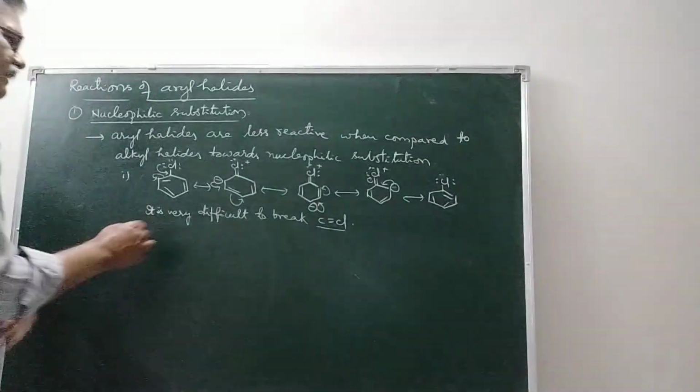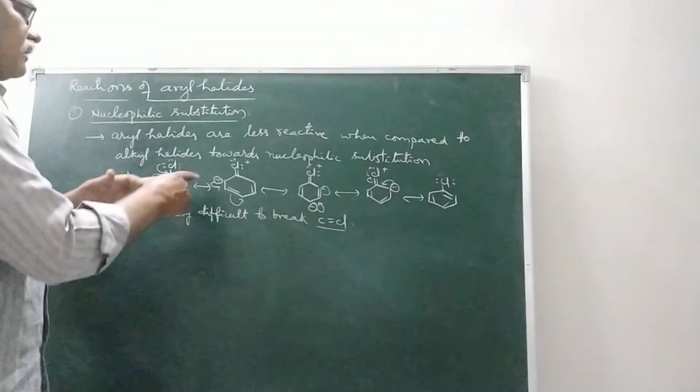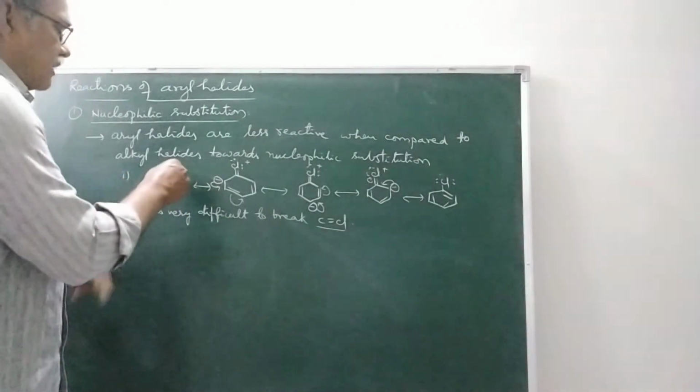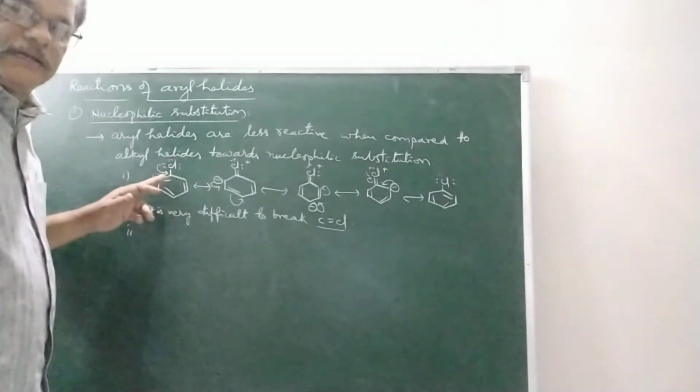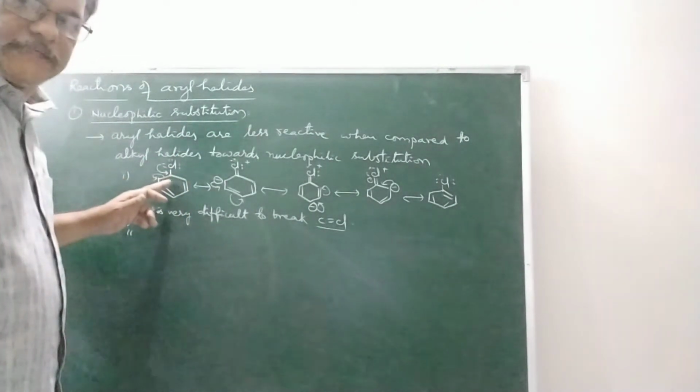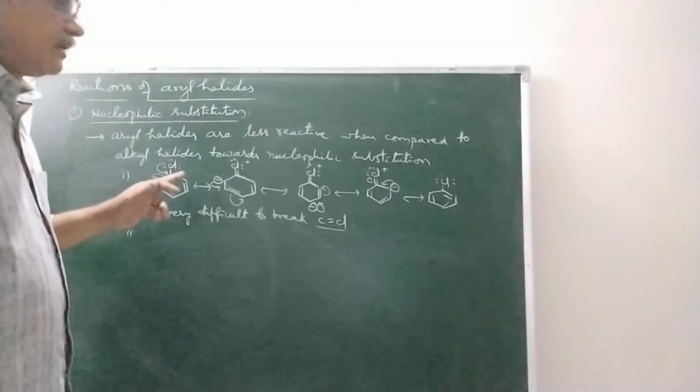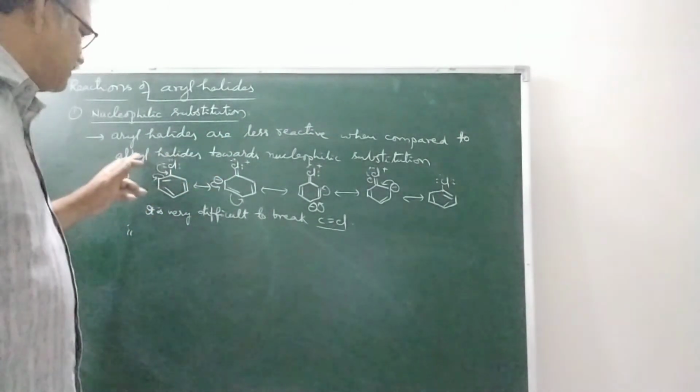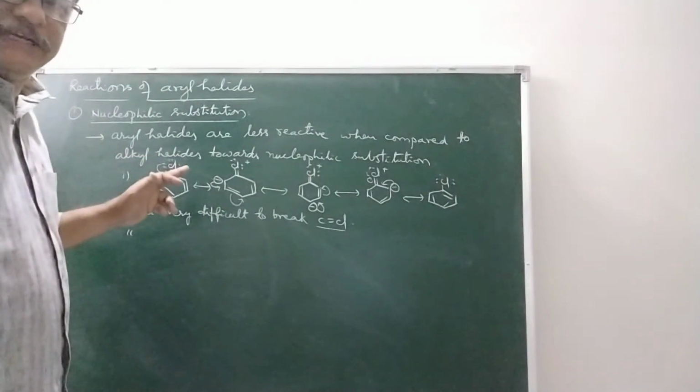And another thing is, in aryl halides, the carbon which is bonded with the halogen is in sp2 hybrid state, whereas in alkyl halides it is in sp3 hybrid state.